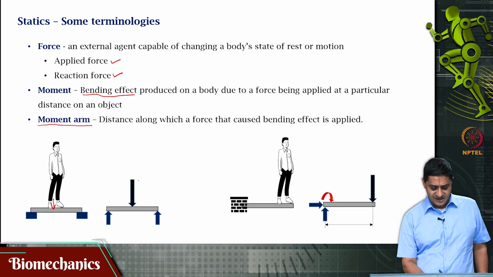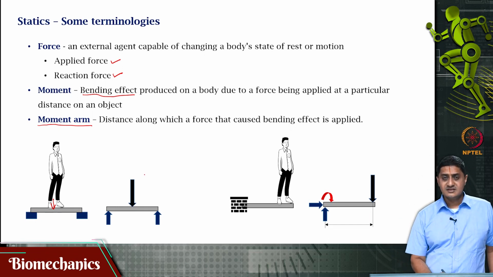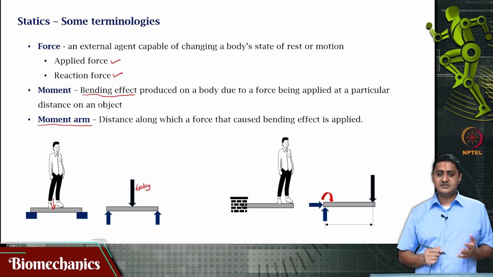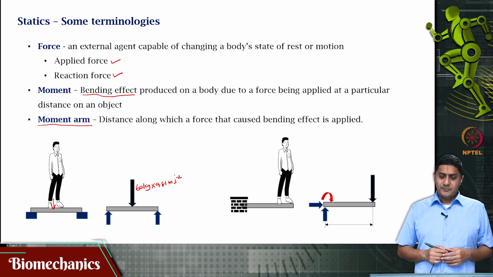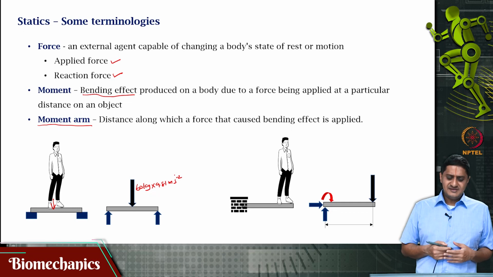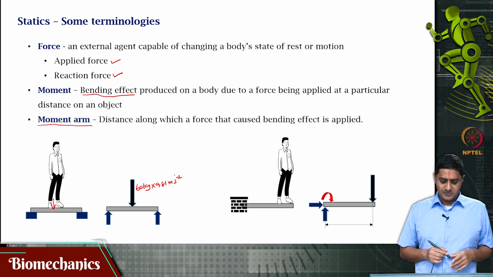His weight, let us say, is 60 kg. So, 60 kg times the acceleration due to gravity, we know that is 9.81 meter per second square, is it not? So approximately 600 newtons, a little less than 600 newtons, is the force that is being applied by this person on the plank.